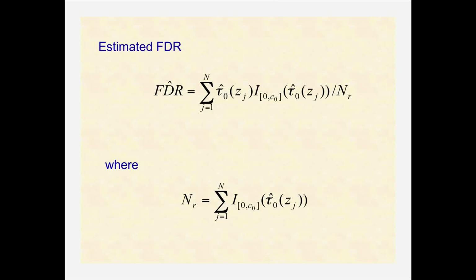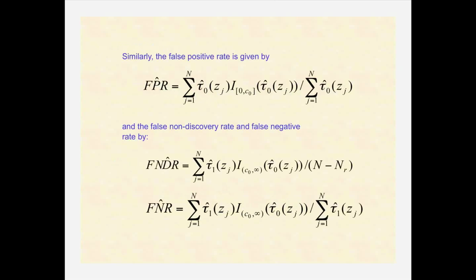We put in the estimate of the local false discovery rate here, and we count that particular gene if its estimated local false discovery rate falls in that interval. And then we divide by the number of genes declared to be differentially expressed. Similarly, we can estimate the false positive rate, the false non-discovery rate, and the false negative rate. So once we've got an estimate of the local false discovery rate, we can get these other estimates. And it's important to have some idea what the power is going to be, because this essentially is 1 minus the power.